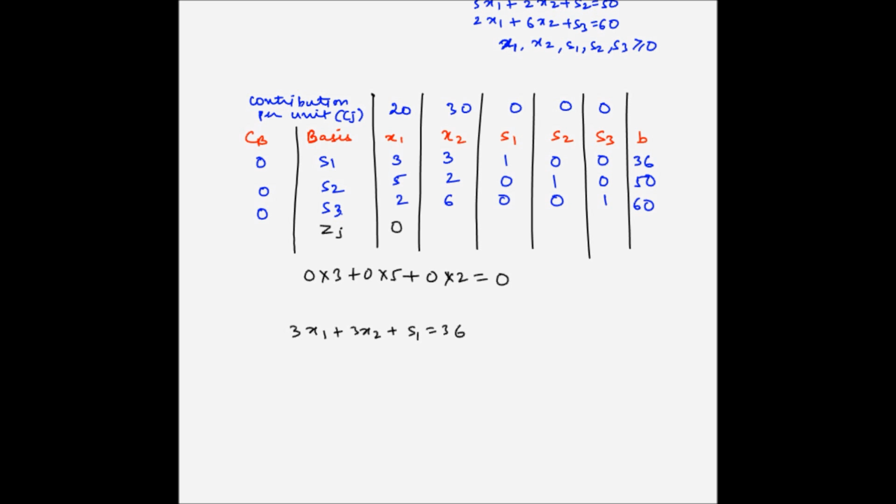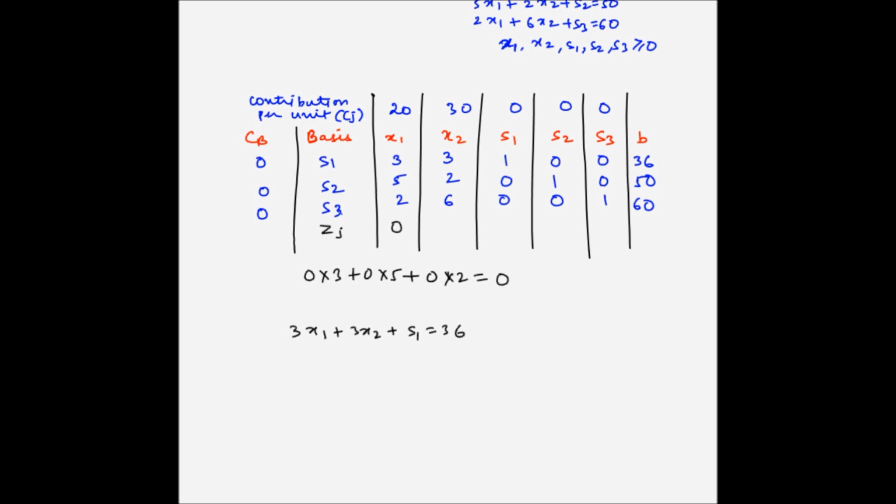Now in our current solution, that is the basic initial feasible solution, x1 and x2 are 0. So that leaves us with s1 is equal to 36. Now by calculating Zj, what we are saying is, what if 1 unit of x1 is introduced in the solution? What is the reduction in the profit?